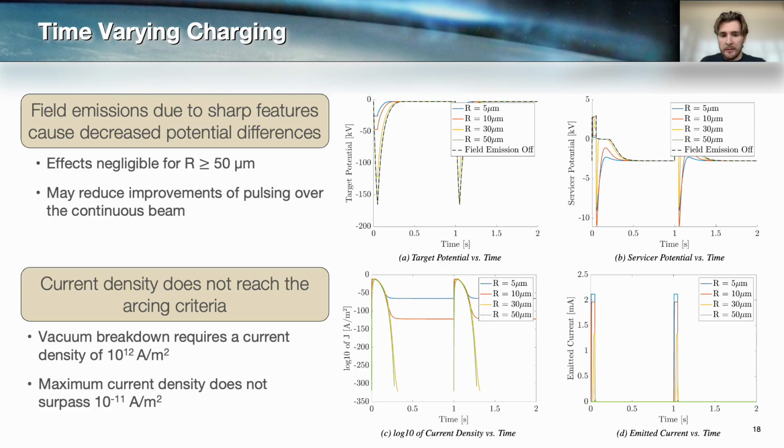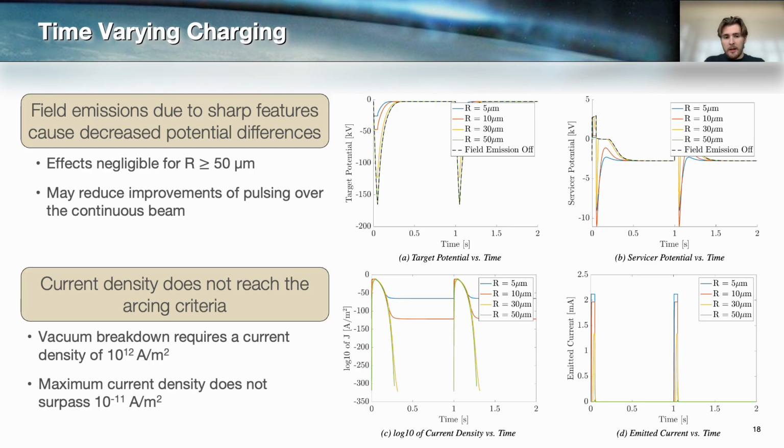That also greatly decreases and actually goes negative for a short period due to the surfacer reabsorbing the field emissions from that target spacecraft. And overall, this results in a decrease in the potential difference between the two spacecraft and therefore a decreased force. And this suggests that the improvements gained from using the pulsed electron beam may be greatly diminished by field emissions if the target spacecraft has small surface features.